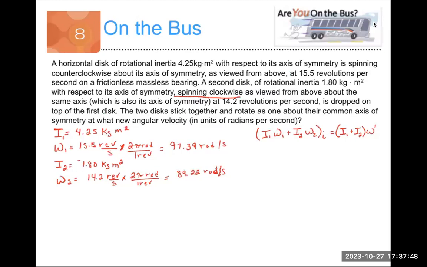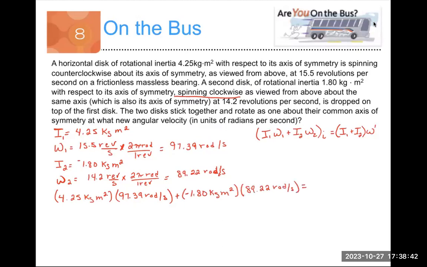So what we're doing is we'll come down here, we have our 4.25 kilograms meters squared times 97.39 radians per second, plus I2 is negative 1.80 kilograms meters squared times 89.22 radians per second.